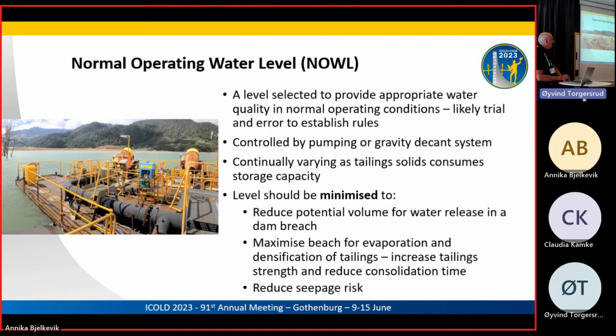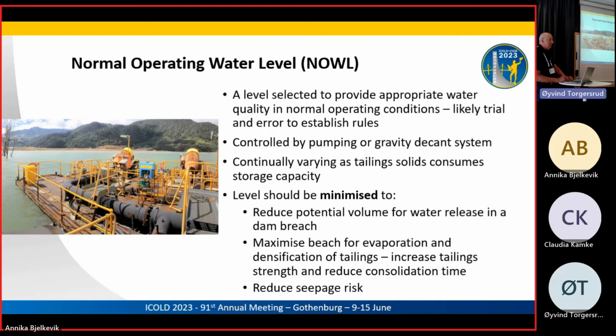So the normal operating water level, typically controlled by pumping or could be by gravity decant systems. And it's very difficult to establish a level because we've got tailings coming in all the time. So the pond level is always rising because the tailings are taking up the water storage capacity.